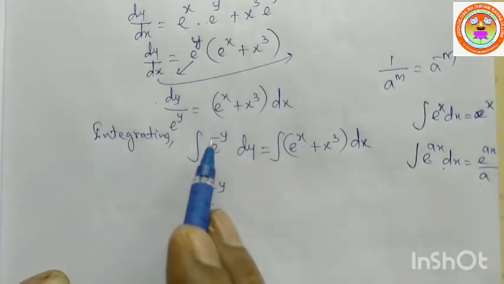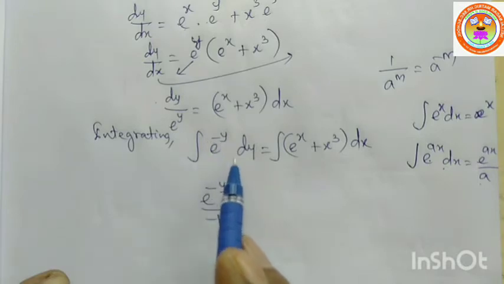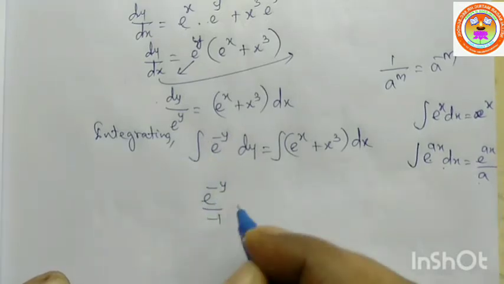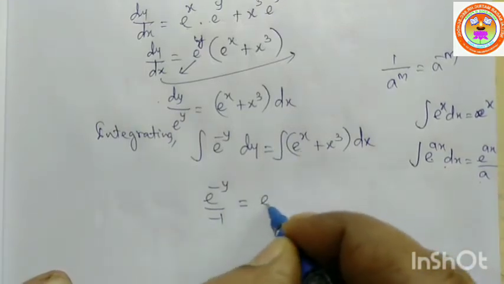So here in place of a, we have minus 1. So integral of e power minus y into dy is e power minus y by minus 1, which is equal to integral of e power x, that is e power x.